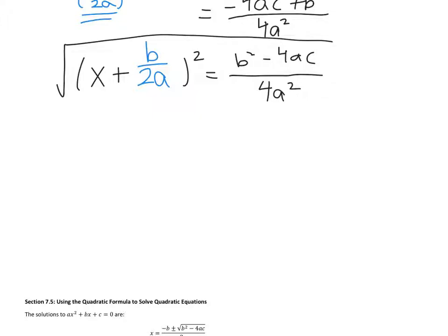To solve for x, remember we're trying to find solutions for x. And we have x plus b over 2a is equal to plus or minus the square root of the right-hand side.